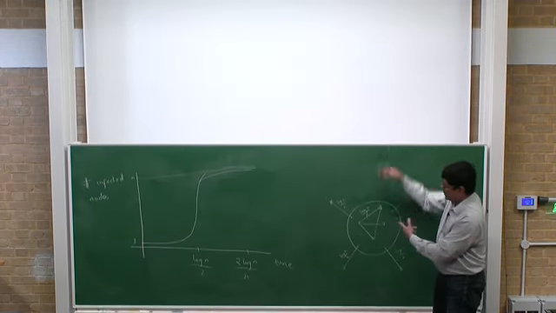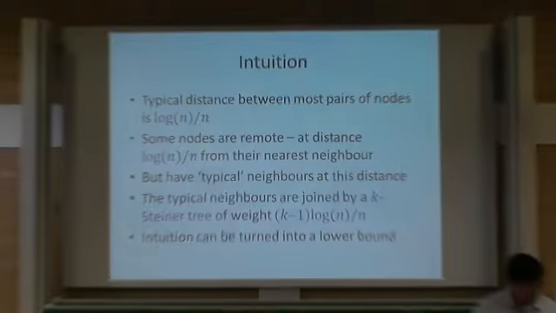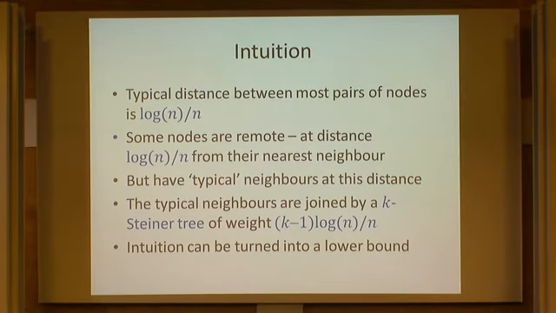Okay, so this intuitive reasoning gives us one direction. It gives us a lower bound on the weight of the minimum Steiner tree. So this tells us that there's one way to be bad, but could you possibly be worse than this?